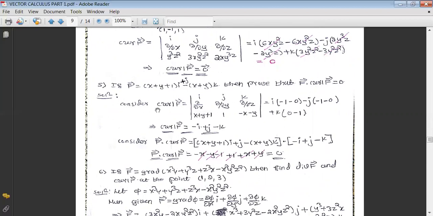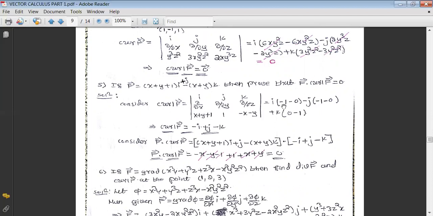Now let us consider curl of f bar equal to the determinant with i, j, k, dou by dou x, dou by dou y, dou by dou z. The components of the vector are f1 equals x plus y plus 1, the second component is 1, and the third component, once you multiply by the minus sign, becomes minus x minus y.